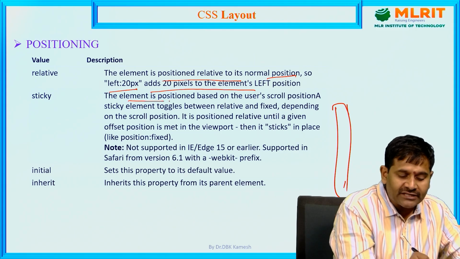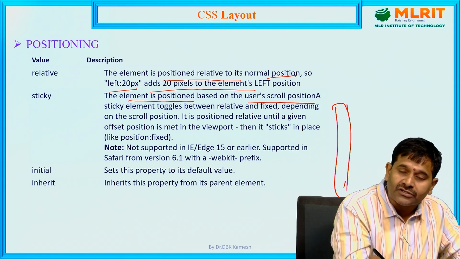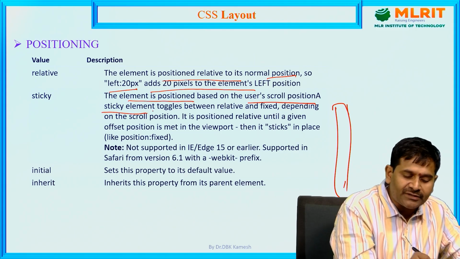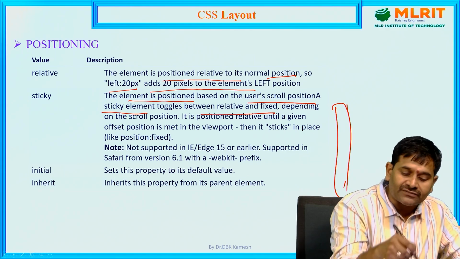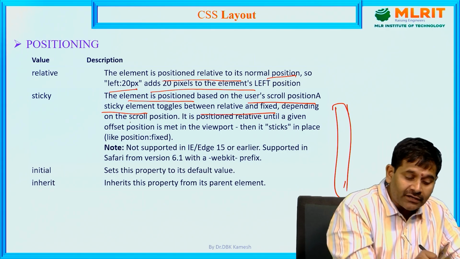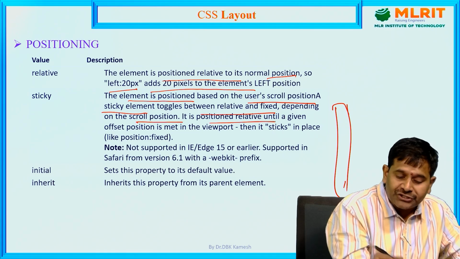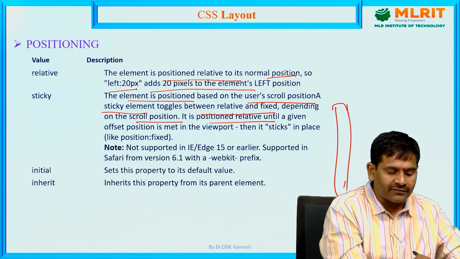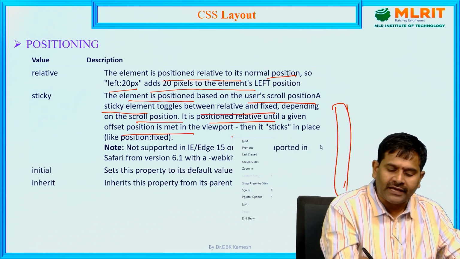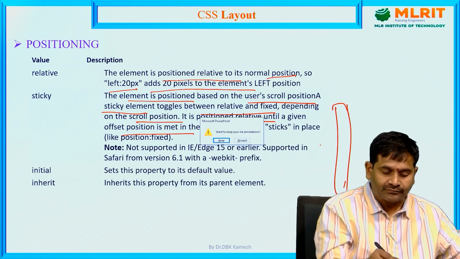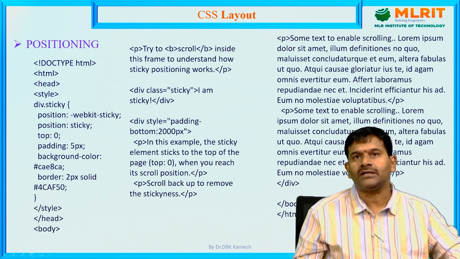The element is positioned based on the user's scroll. A sticky element toggles between relative and fixed, depending on the scroll position. It is positioned relative until the given offset position meets the viewport, then it sticks. These are the positioning layouts.